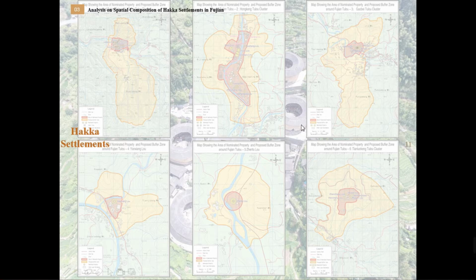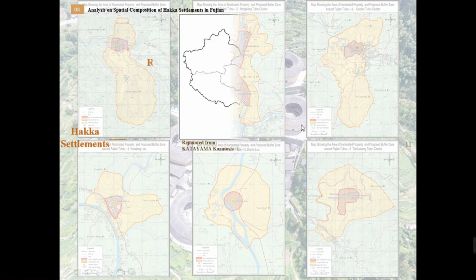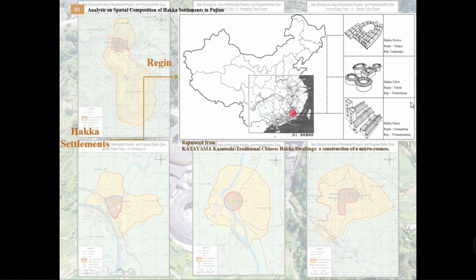So first of all, let's explain what a Hakka settlement is. In the southeast part of China, there is a red dot marking the most crowded place of Hakka people. On the top of the picture, this is also a Hakka dwelling in Guangdong province.